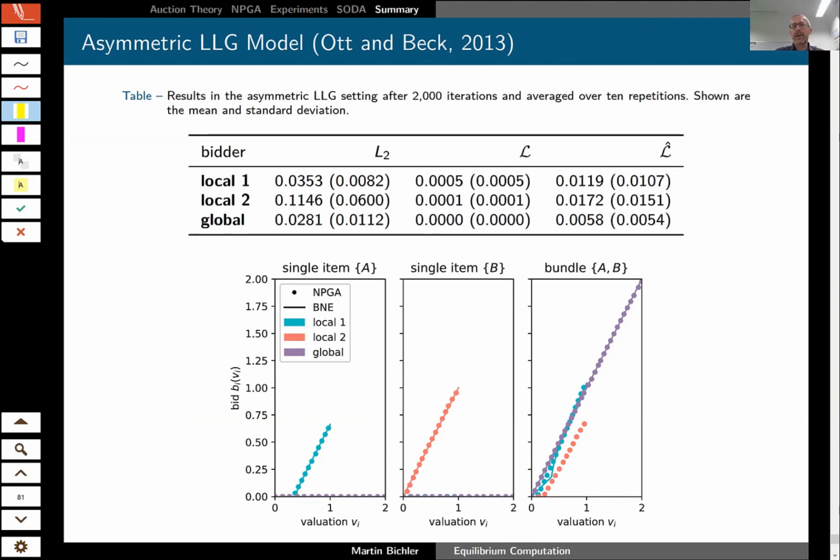I'm not so sure they always have a quasi-linear utility function, at least to my knowledge. But you can model different utility functions. What I'm saying is these are environments with repeated auctions.